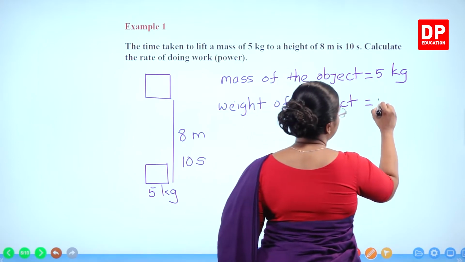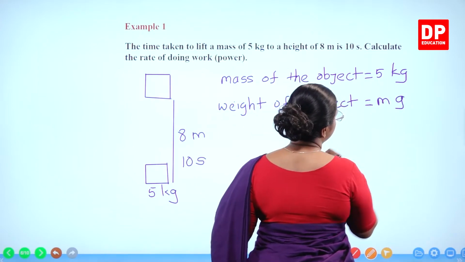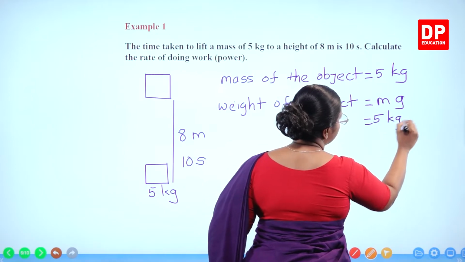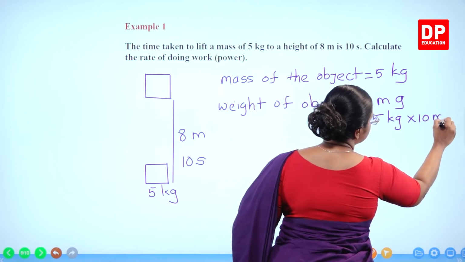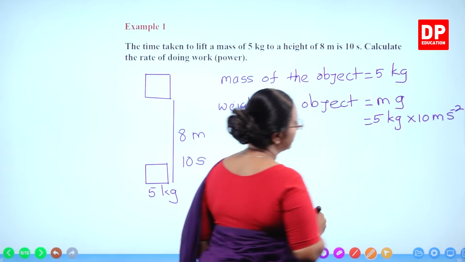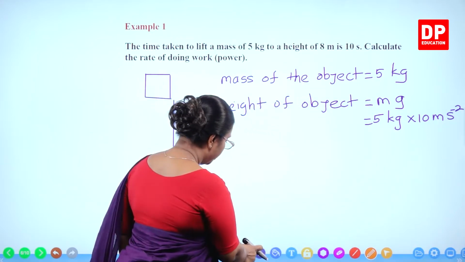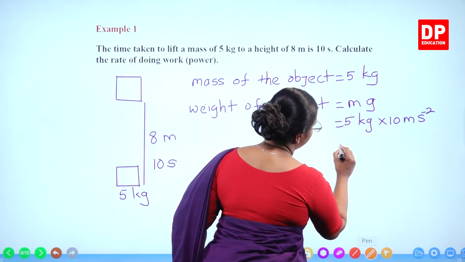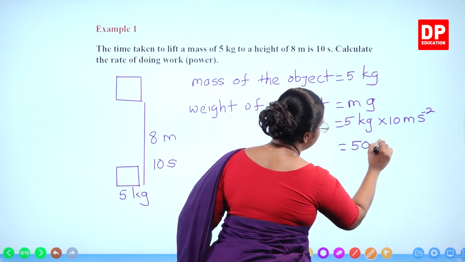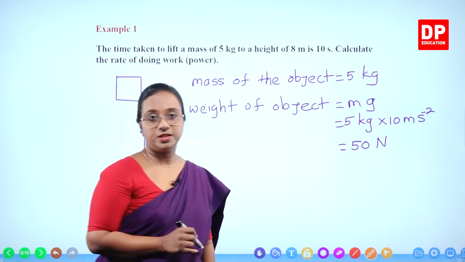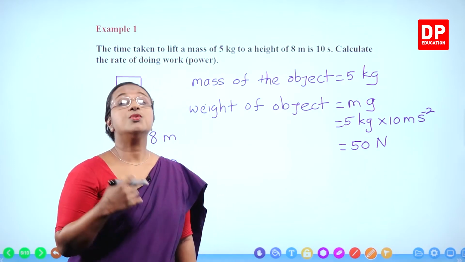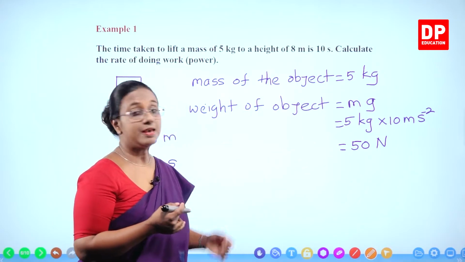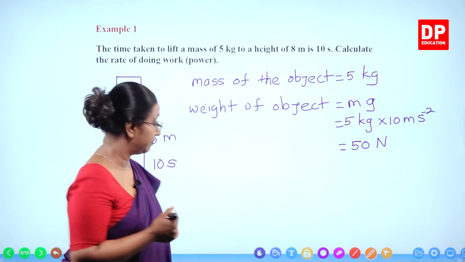You can remember that. M is mass, g is gravitational acceleration. So that is 5 kilogram into 10 meters per second square, gravitational acceleration. So the weight of the object is going to be 50 Newton. So what is the force needed to lift the object? The same as weight, that is 50 Newton.